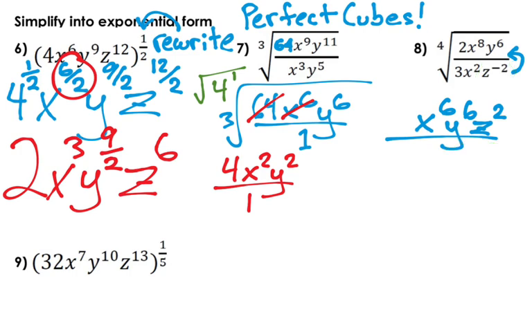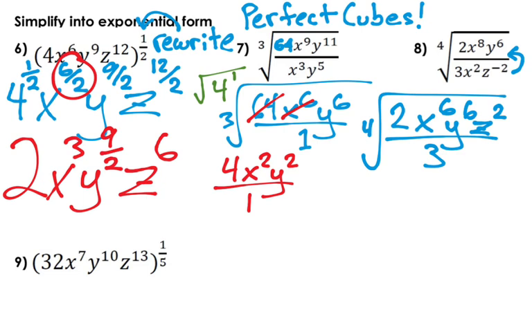It has now been moved to the numerator. It has flipped to its numerator position. And then the negative exponent switches to positive. So it is now a positive 2 in the numerator. And then the only thing left over was the 2 and the 3. You didn't need to do anything to it. And then the 4th root symbol.